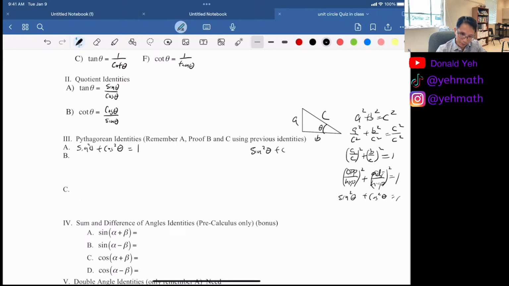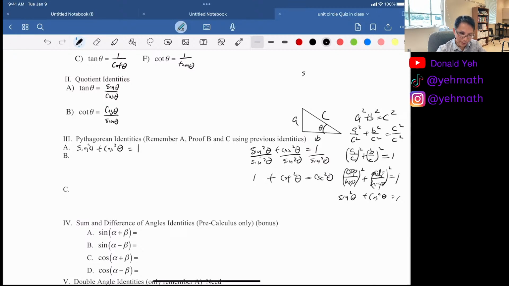Sine squared theta plus cosine squared theta is equal to 1. So I can divide both sides by what? Sine squared. Good. Actually I won't start with sine squared, but that's fine. So that's 1 plus cotangent squared theta is equal to cosecant squared theta. Now remember how you write down the theta?